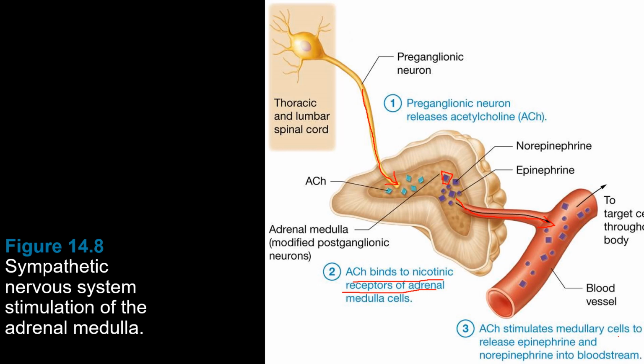And so this allows that sympathetic nervous system to affect the entire body without innervating every single cell. And then finally, the adrenal medulla acts as a sort of backup for the sympathetic nervous system. Even if the pathways connecting the system with any of its target organs are disrupted, it can still affect these organs through the adrenal medulla, through the production of norepinephrine and epinephrine as hormones instead of neurotransmitters.